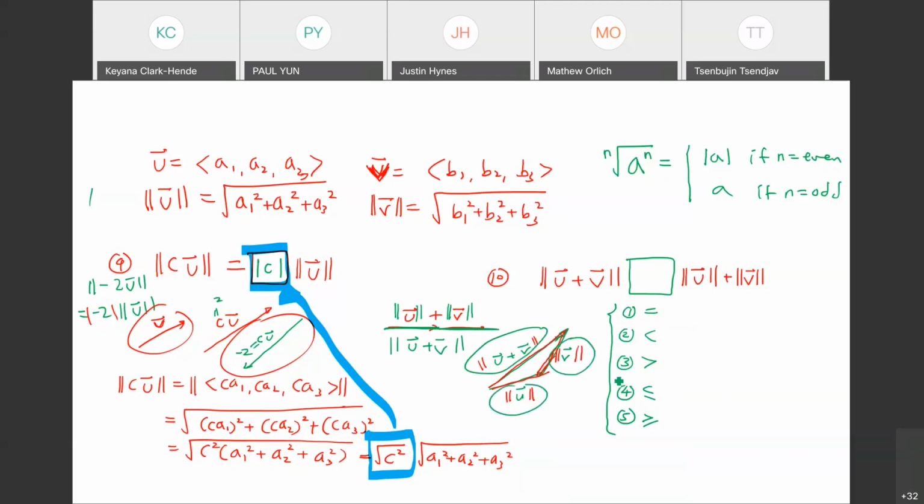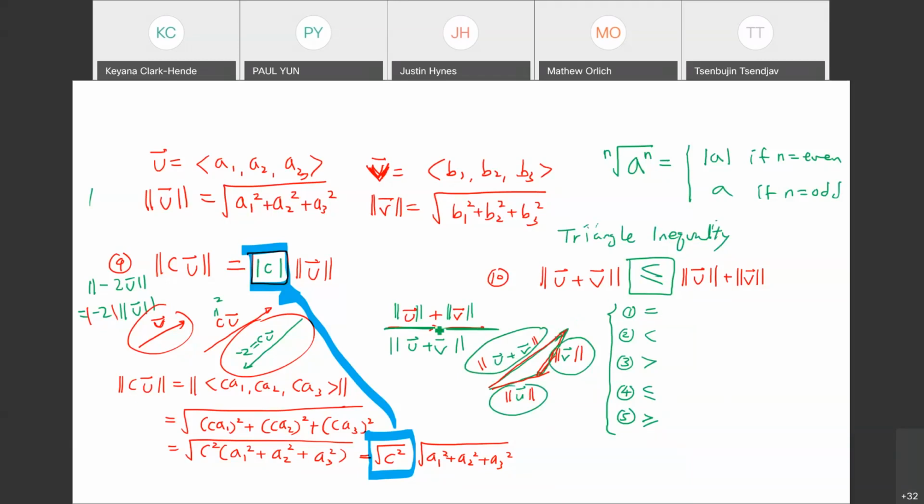So the answer is 4. This is the triangle inequality. Right? Isn't it? Think about it. If they're parallel, they're the same.